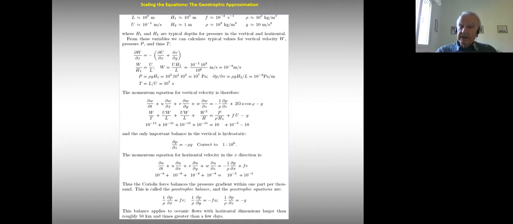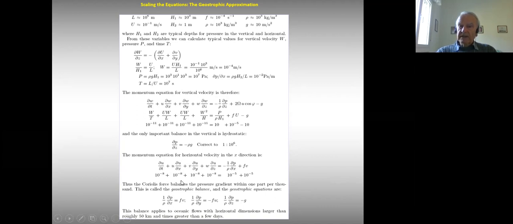For the horizontal velocity in the x direction, for example, but this would be the same as in the y direction, for du dt, we have u as 10 to the minus 1 meter per second, and T is 10 to the 7. So we have 10 to the minus 8 for du dt.